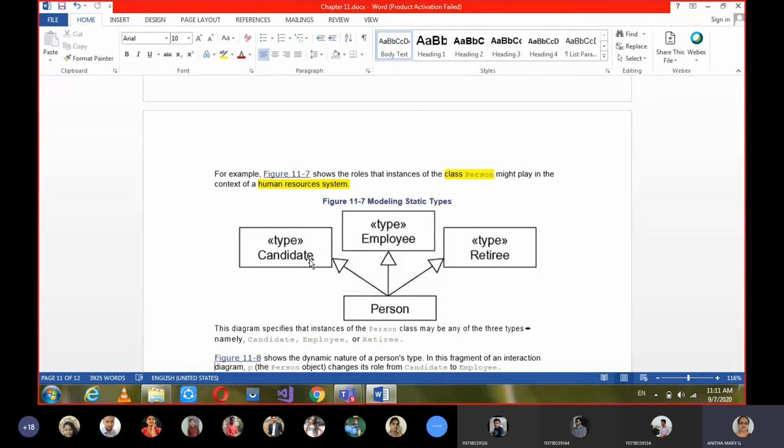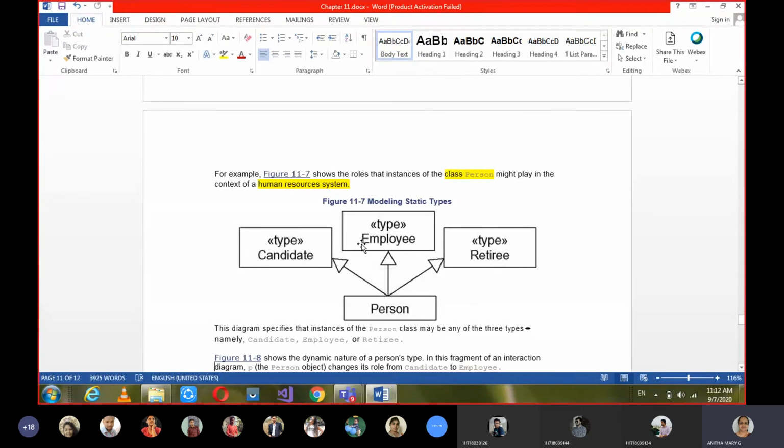So when the period of time is longer, we say such things as static types. And this employee also maybe 20, 30, 40 years of service. So that is employee. And retiree, once you have resigned from the job or once your service is over, then you become the retiree until the end of your life.